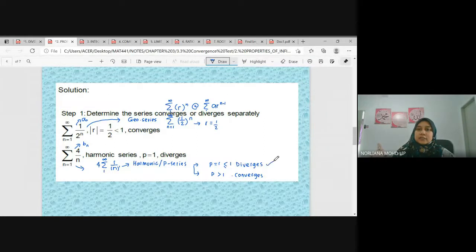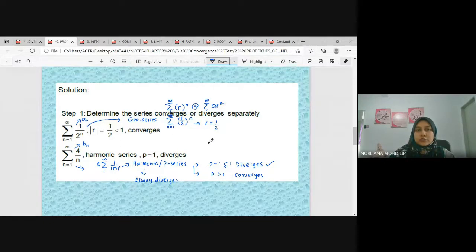So dia diverge lah untuk ni. Ataupun kalau harmonic series is always diverge kan. Always diverge. Kita buat conclusion yang ni lah. Ni P series.